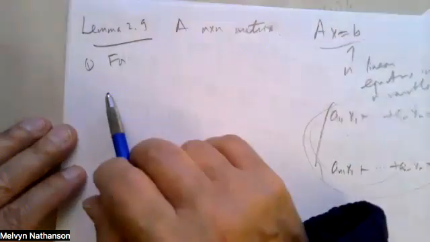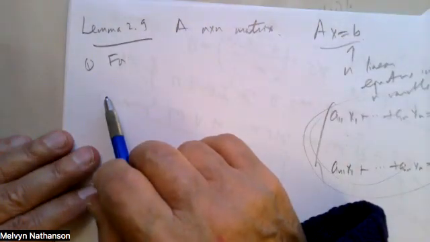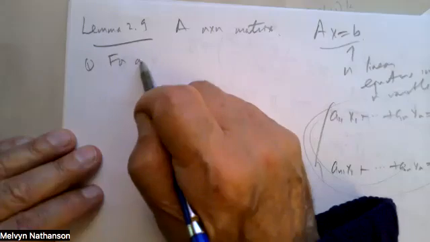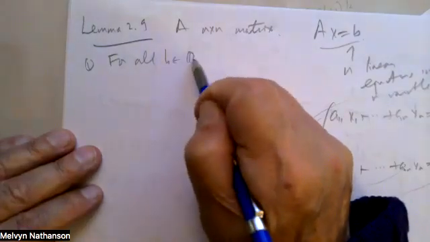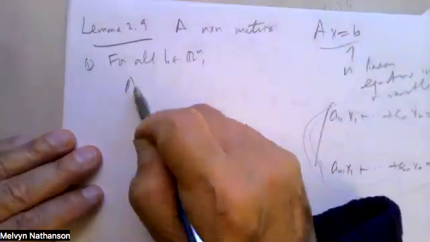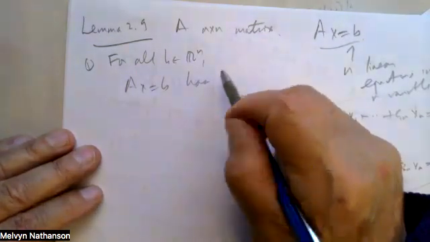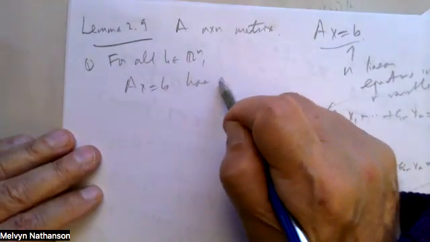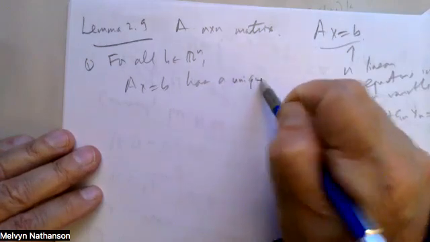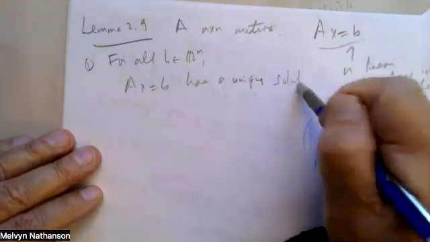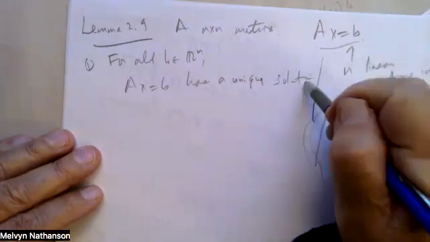So the following are equivalent statements. First, for every B in Rn, Ax equals B has a unique solution.